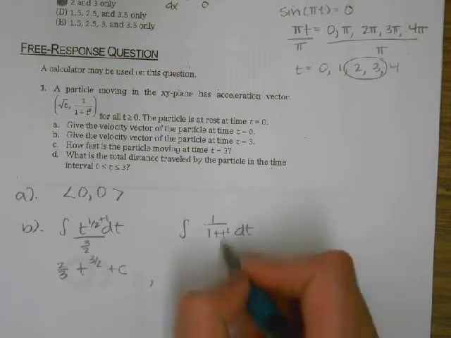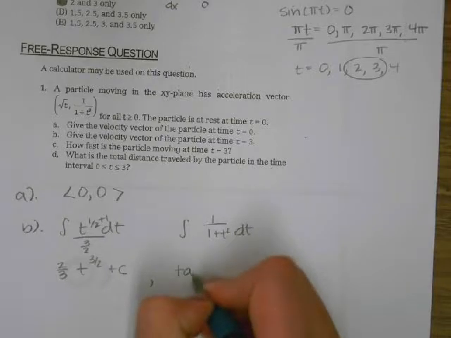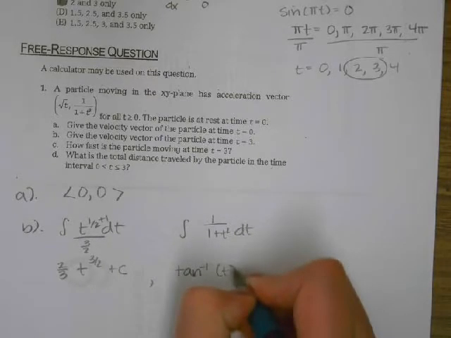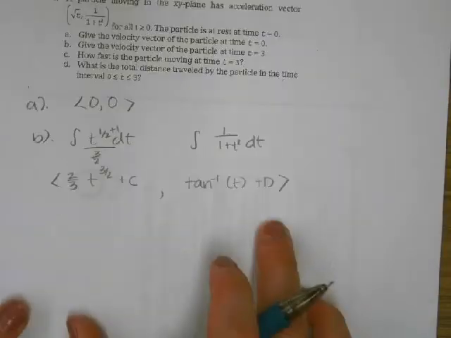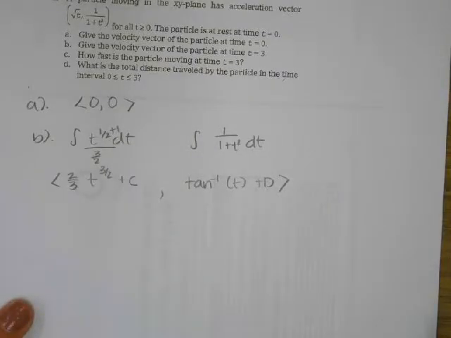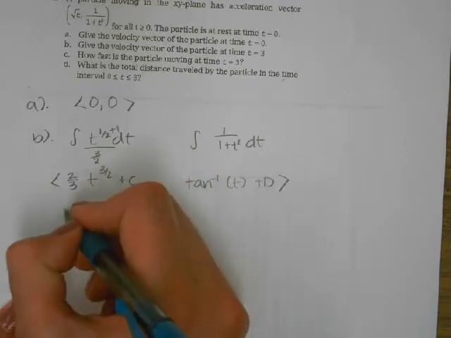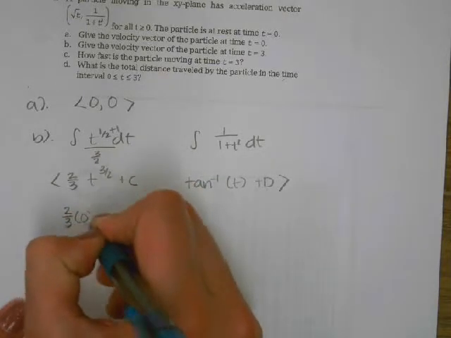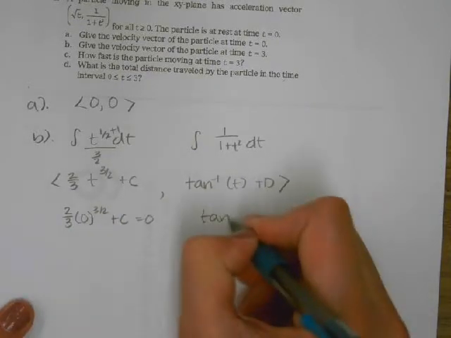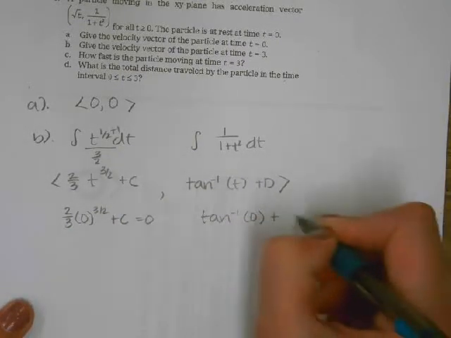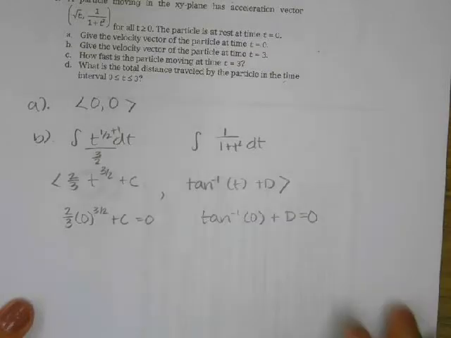Over here, this is going to be tan inverse of t plus d. There's our velocity vector. We know that at time 0, it's at rest. So I know if I plug in 0, then I get 0. Tan inverse of 0 plus d equals 0.